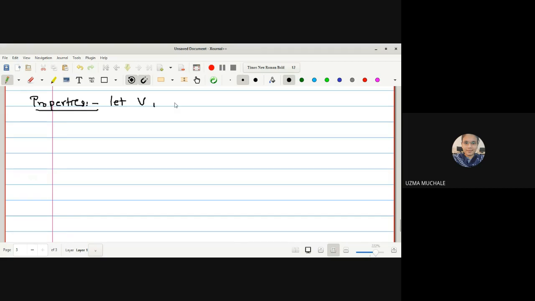Let V and W be tangent vectors to E3 at a point P. Let capital Y and Z be vector fields on E3.